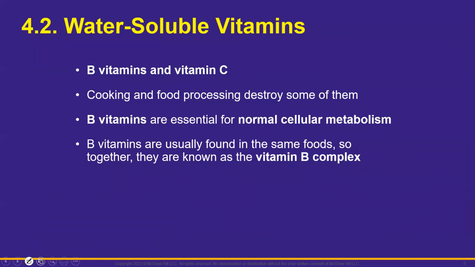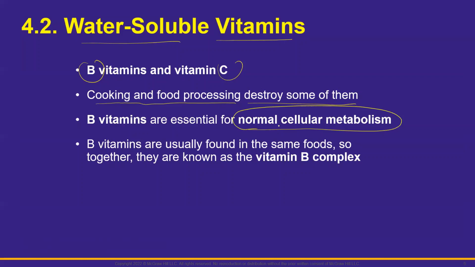Okay, the second type of vitamin is the water-soluble vitamin, which consists of vitamin B and vitamin C. Because these are water-soluble, sometimes they are not resistant against heat, so cooking and food processing sometimes destroy vitamin B and C. Vitamins B are essential for normal cellular metabolism.